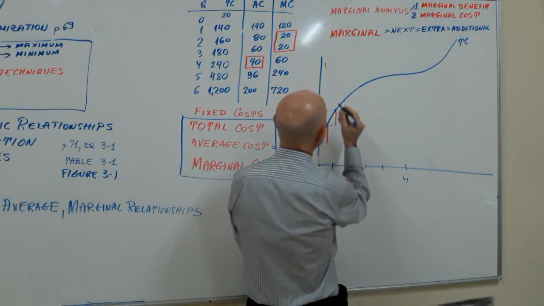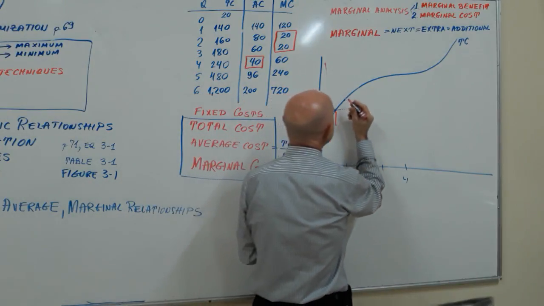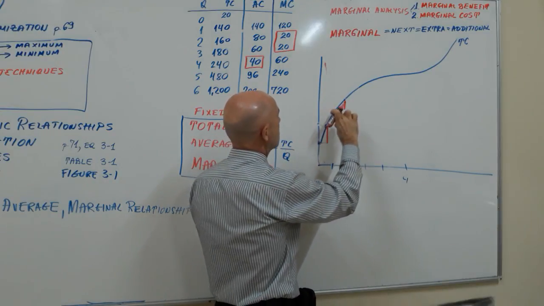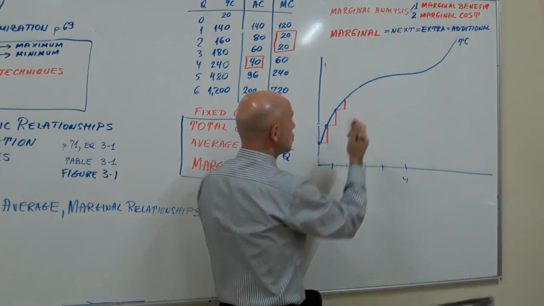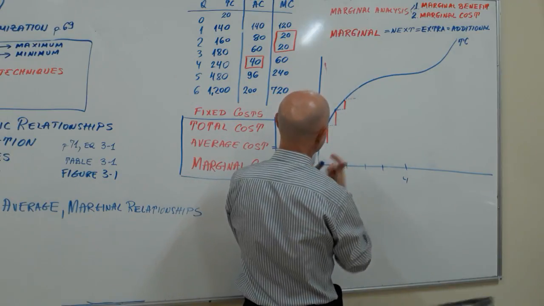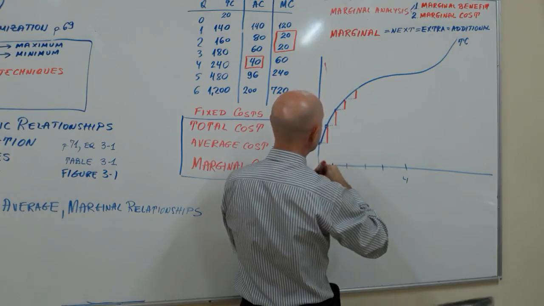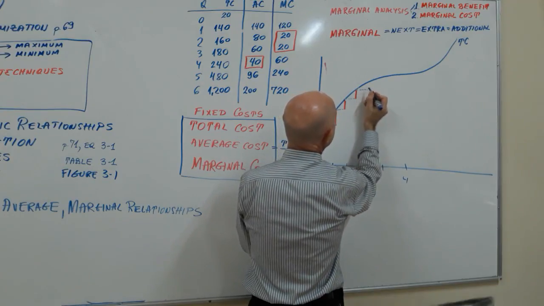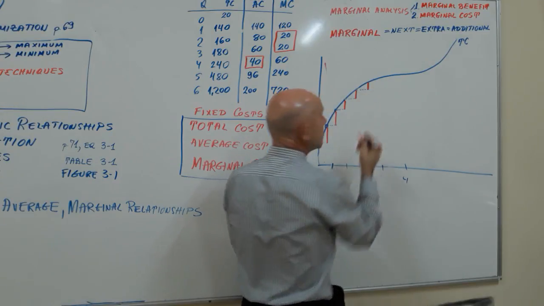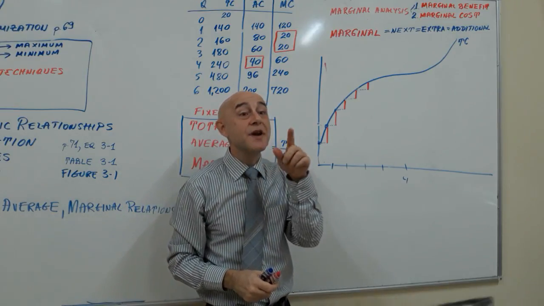Now here it is not as steep, the marginal cost falls. Very long, shorter, even shorter. Well, guess what? It's going to get a whole lot shorter. Even shorter. Again, same thing. Even shorter.